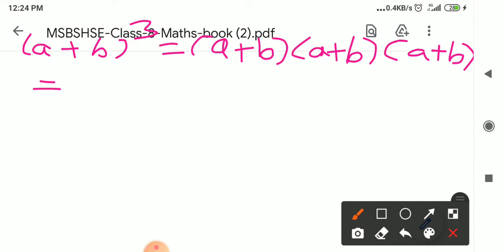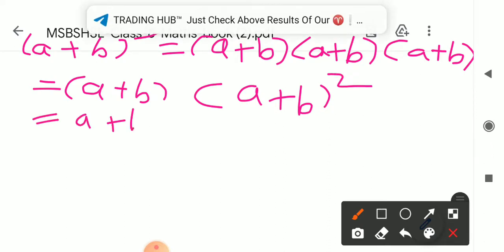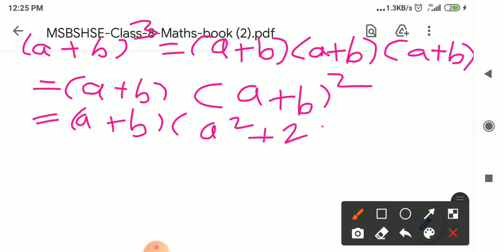Otherwise you have to take the equal to sign below. So (a + b) stays as it is, and multiply these two brackets, so (a + b) whole square, which is a square plus 2ab plus b square.